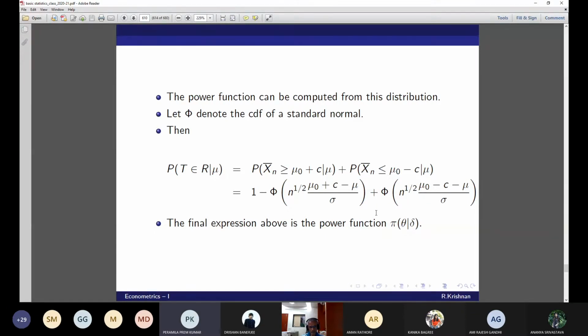The type 2 error is basically the rejection region of the alternate hypothesis, right? Yes, mu would correspond to the alternate hypothesis, and mu zero is what we are suggesting. Okay, got it, sir.